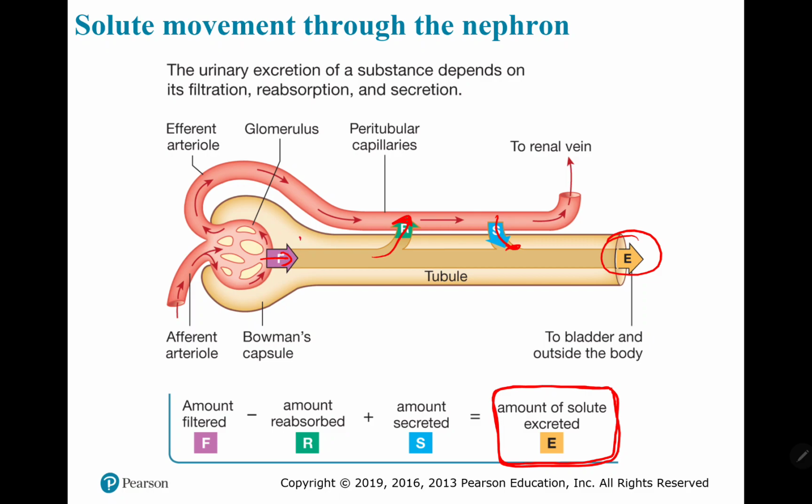That's going to be the amount that is filtered minus the amount that was reabsorbed plus the amount that was secreted. That will ultimately give you the amount that was excreted. So what did you actually pee out, right? What you filtered through minus what you reabsorbed back into the blood plus what you selectively secreted into the blood, okay, will equal the amount that's excreted.